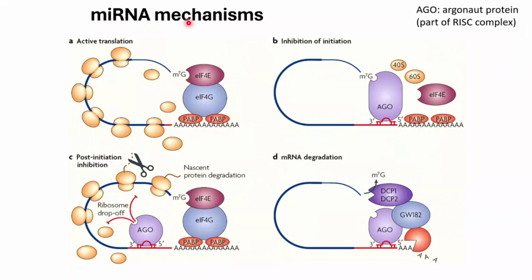So the mechanisms by which these microRNAs prevent translation are through 3 things. When you have active translation happening, you'll have your initiation factors, proteins that recognize the cap and the poly-A tail and then allow for the ribosomes to bind and do their job.